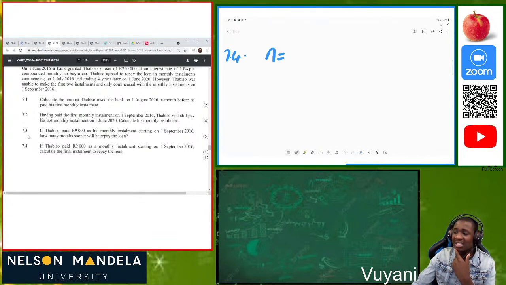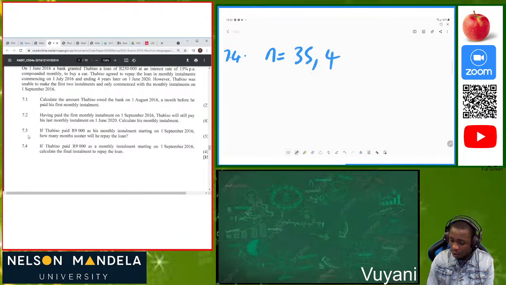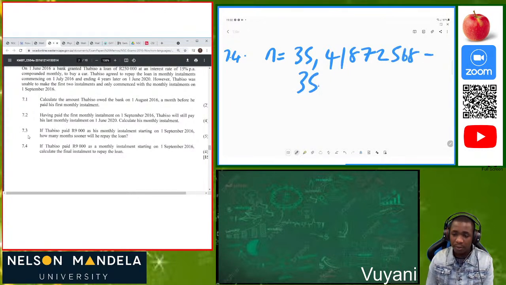So now that answer which we found initially is the answer which we need here, because we have to say now 35.41872568 minus 35. Okay, why?